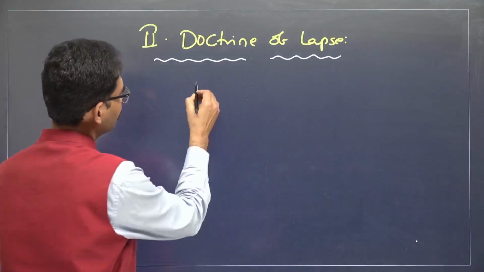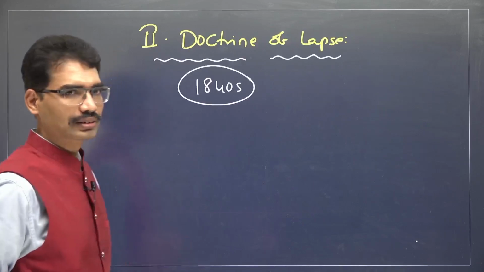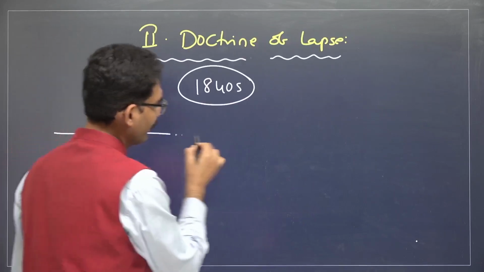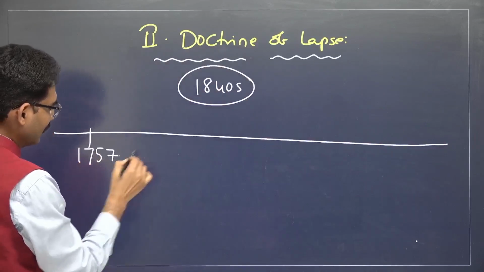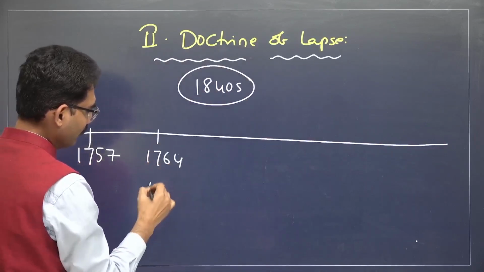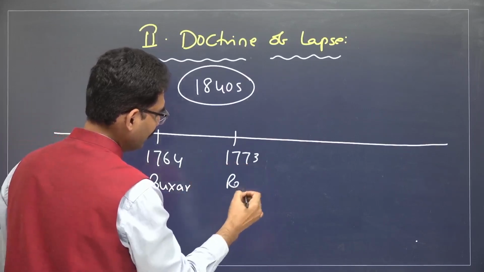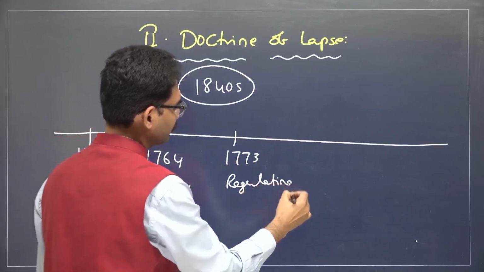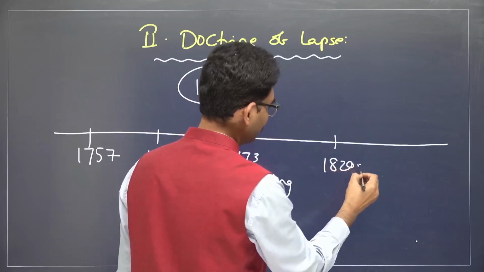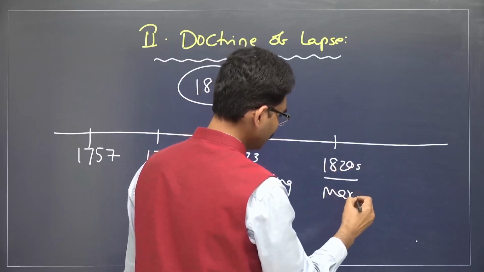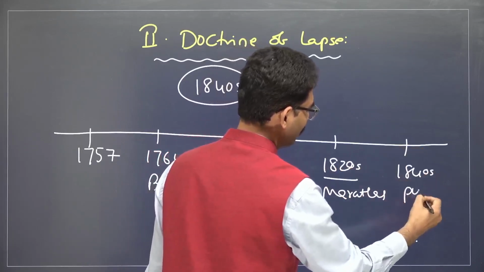By the 1840s, the British Empire became very big. Considering the 1757 Battle of Plassey, the 1764 Battle of Buxar, the 1773 Regulating Act, then by the 1820s the Marathas were also captured, and by the 1840s Punjab was also captured.